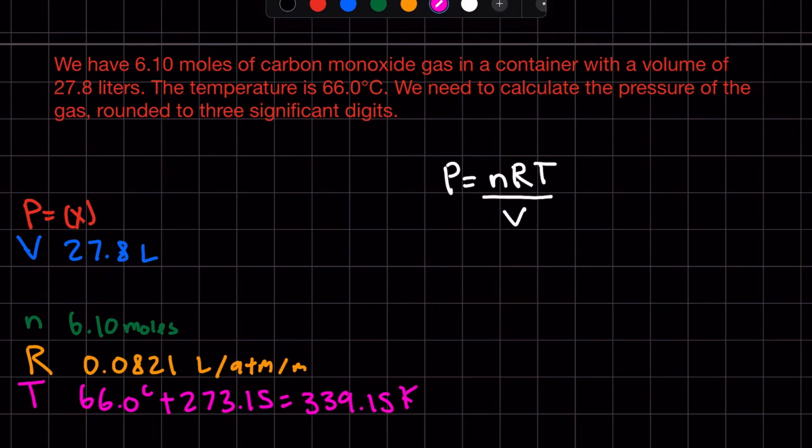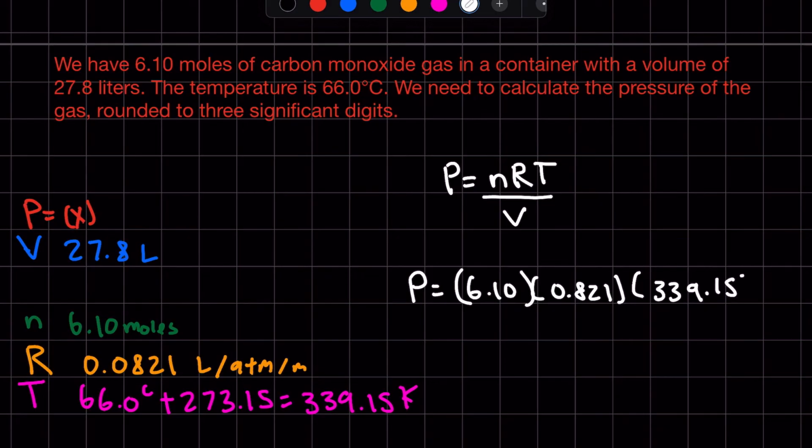So our equation then becomes P is going to be equal to, in parentheses, 6.10, that's our moles, times our ideal gas constant, which is 0.0821, and then we're going to times that by 339.15. Let's go ahead and just move that over to give myself some more space.